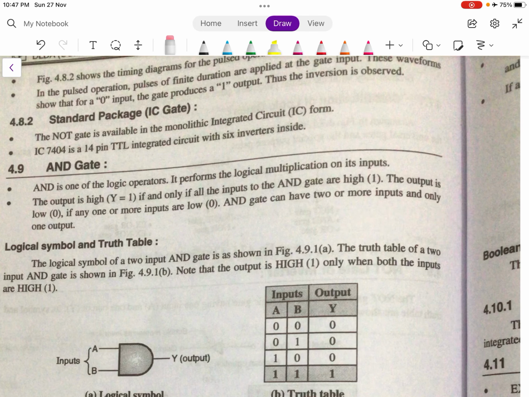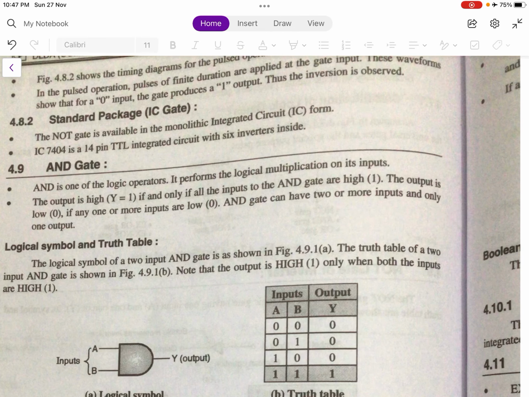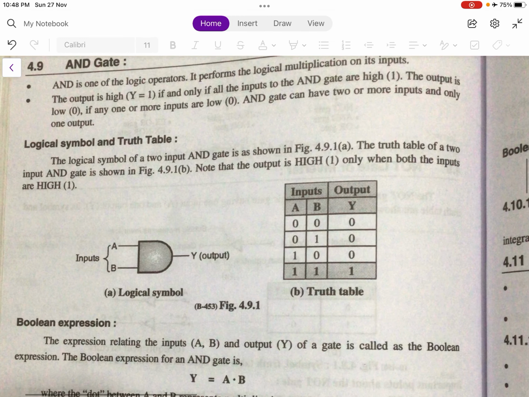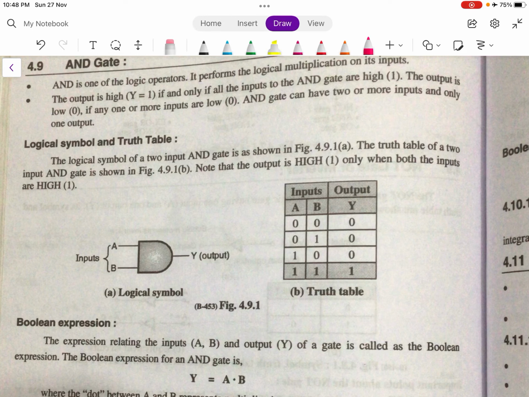Logical symbol and truth table. The logical symbol of the two input AND is as shown in figure 4.9.1. The truth table of the two input AND is shown. Note that the output is high when both the inputs are high. If any one input is low, then the output will be low.